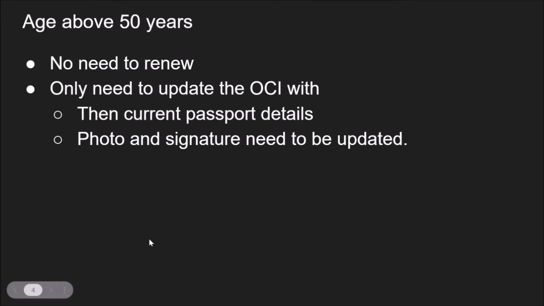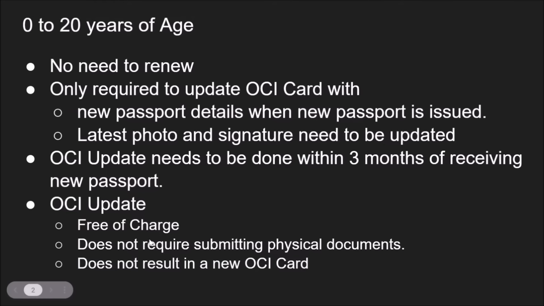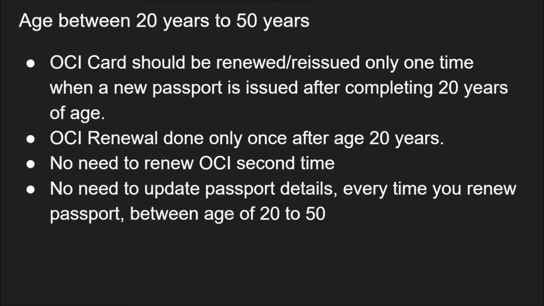As you remember, between the age of 0 to 20 years, you are not renewing, but every time you get a new passport, you update the new passport details, along with the latest photo and signature. Whereas between the age of 20 to 50 years, you get your OCI card renewed or reissued only one time, after attaining the age of 20 years and after getting a new passport.